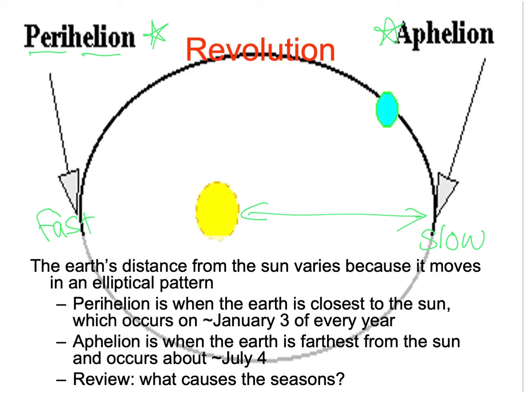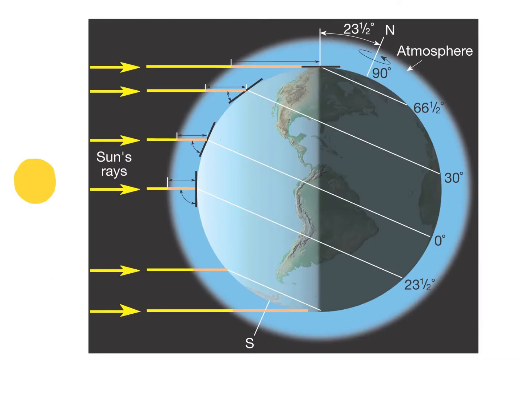So it isn't distance from the sun that causes seasons. Do you remember what causes it? Don't forget, it's the tilt of the Earth that causes seasons. In this image, the northern hemisphere is having winter, while the southern hemisphere is having summer.